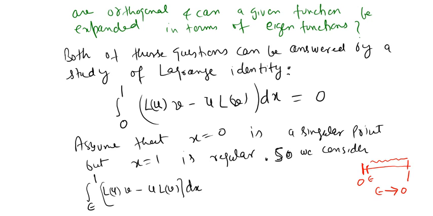Sorry, 0 is not here, so don't write it. This is just the Lagrange identity. If you simplify this identity, I'll simplify it on the next page.